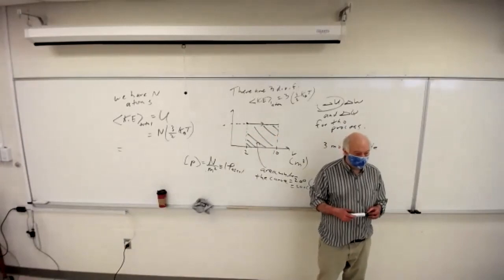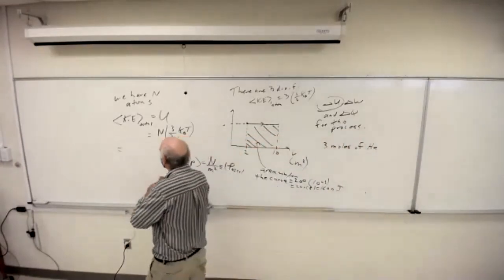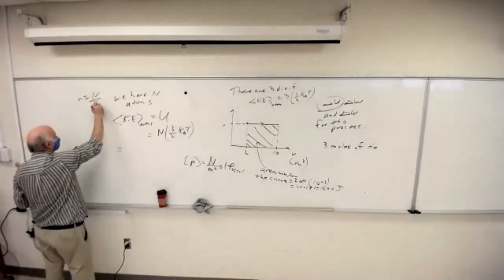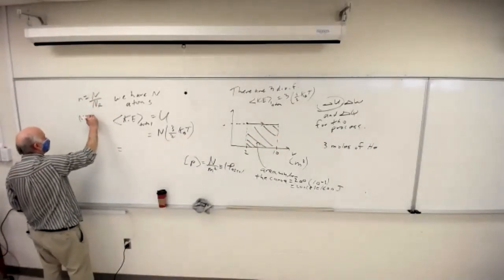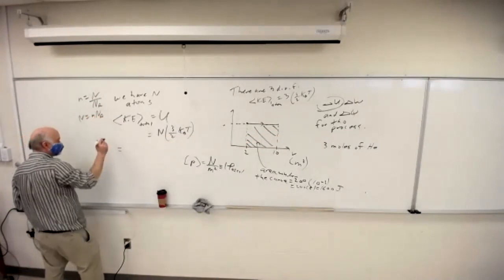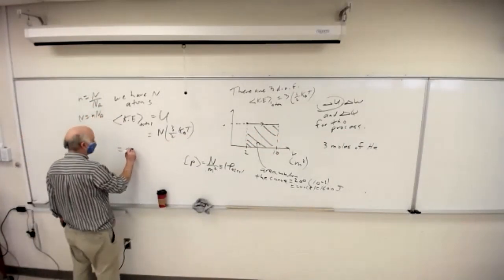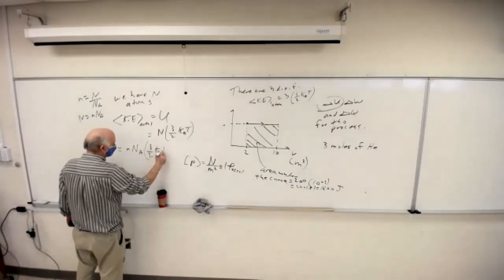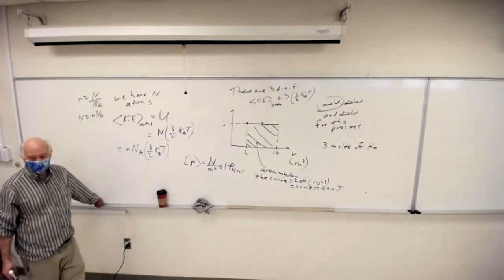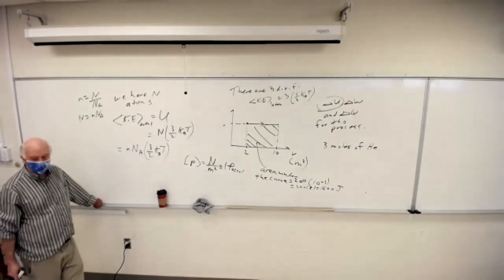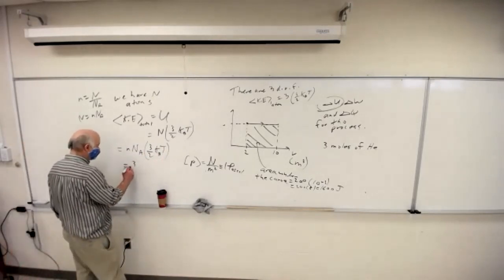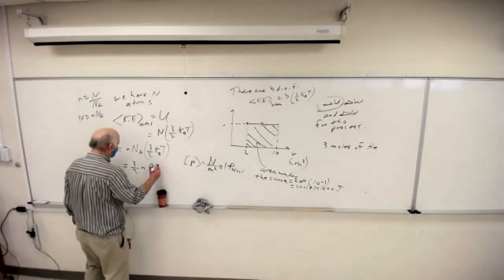The little n, the number of moles, is N over Avogadro's number. So our N is little n times NA. And we have a friend, NA times kB, which is R. So we end up with 3/2 nRT.